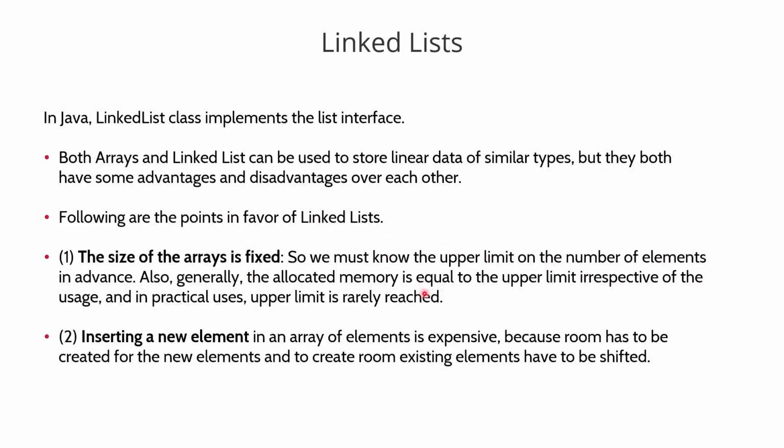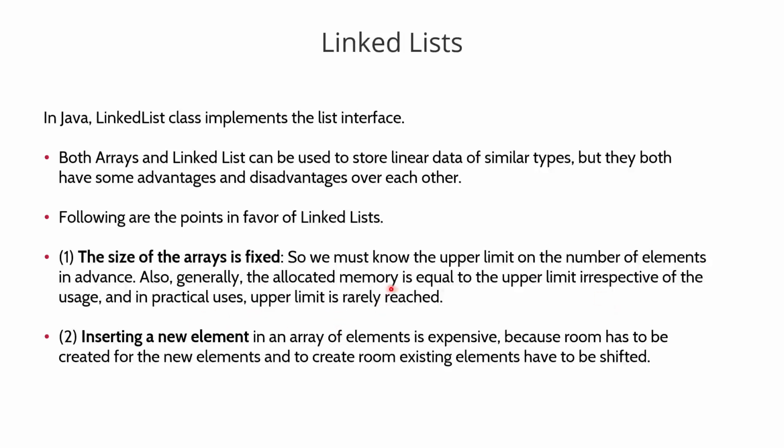An array is considered to be of fixed length. We know the upper limit because when we declare it, we're declaring what the upper limit is. So we know the number of elements in advance. Also, the allocated memory is equal to the upper limit, as you would expect.